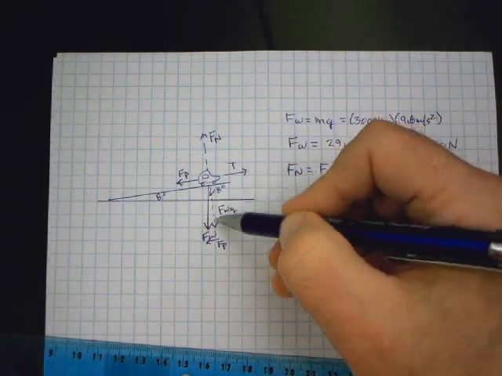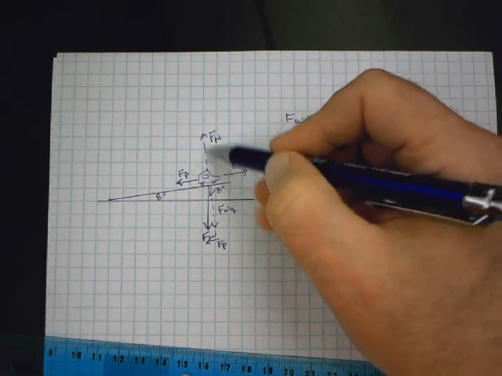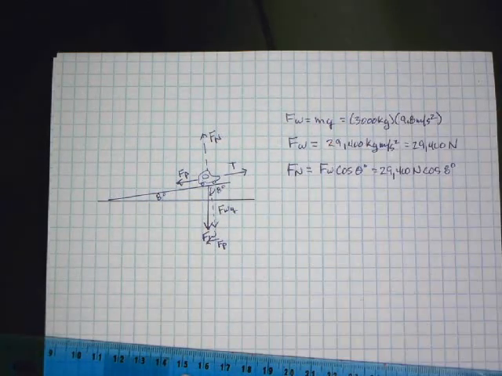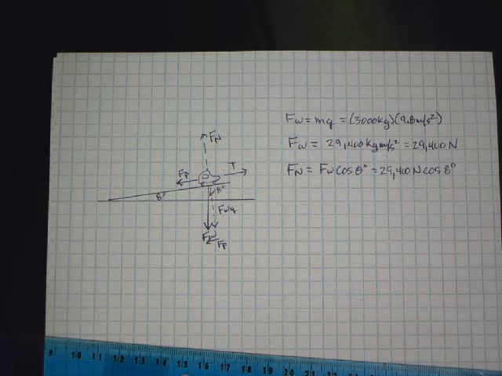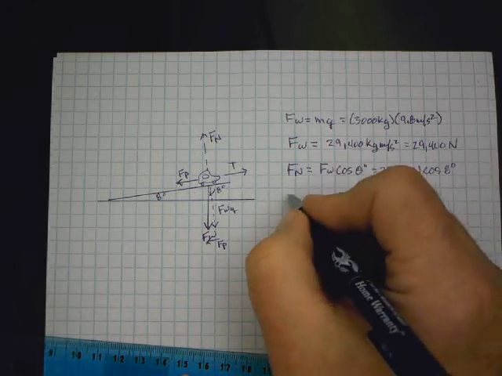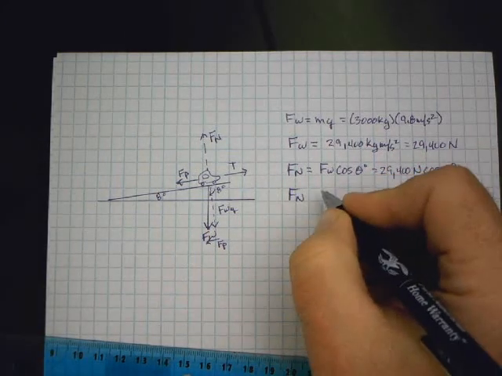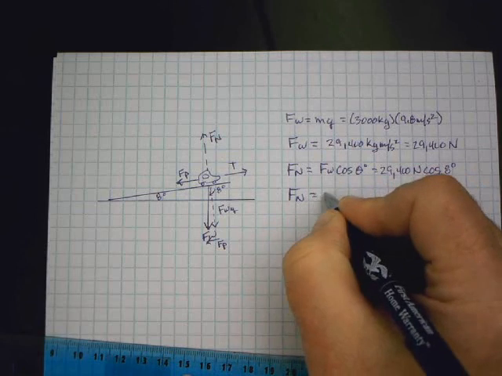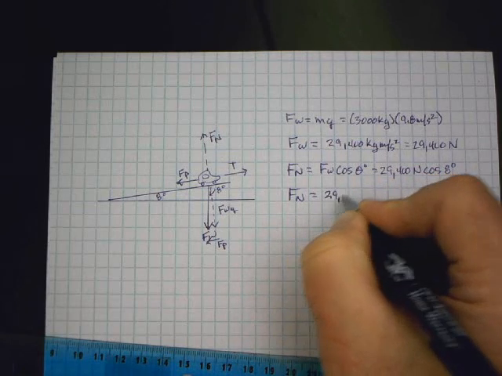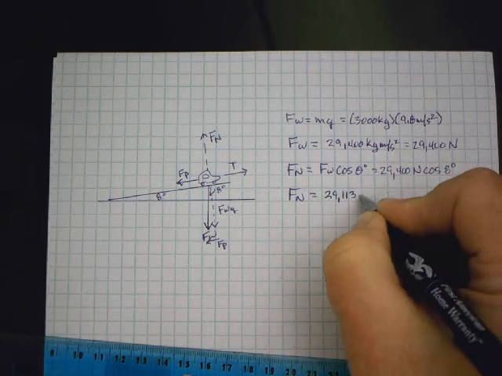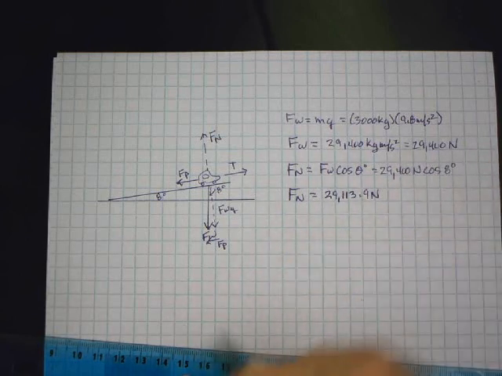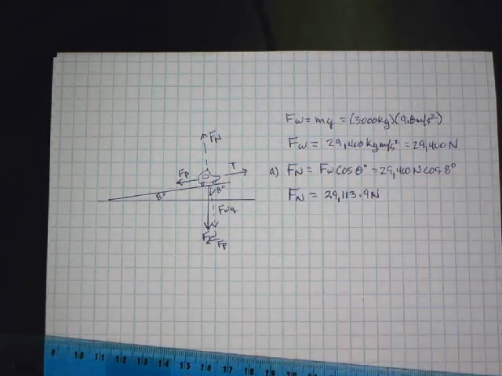Again, here's my angle. We're talking about this, which has to be equal to that. Back to Newton's third law, equal and opposite forces that keep the car in place on the ground. And that side is adjacent to the angle, and so we use cosine. And we get a normal force of, again, this is part A.